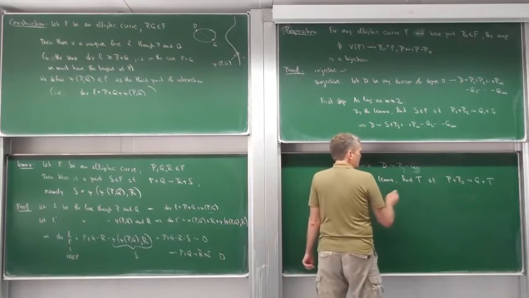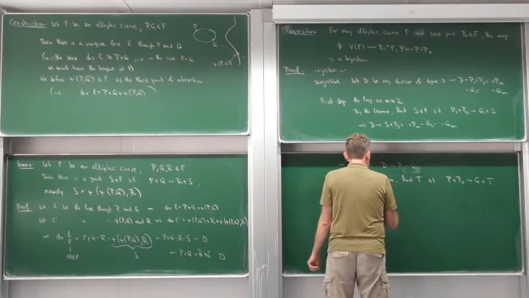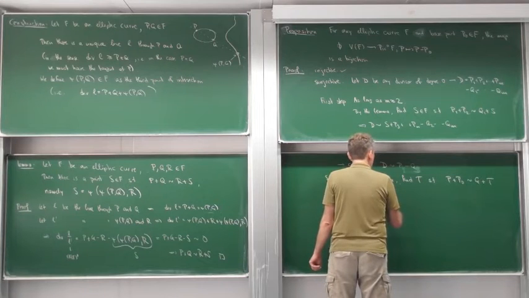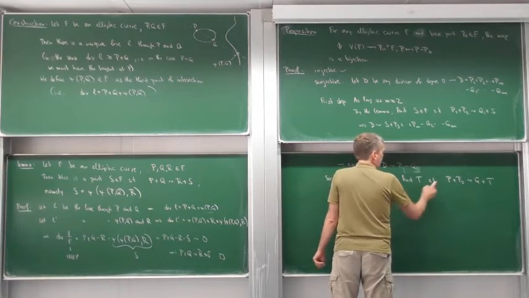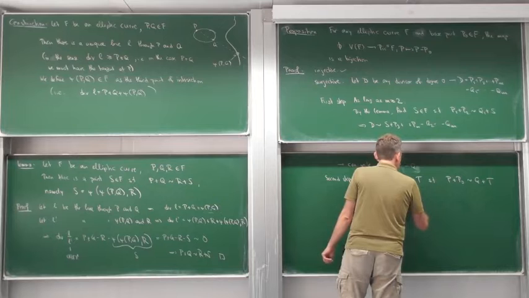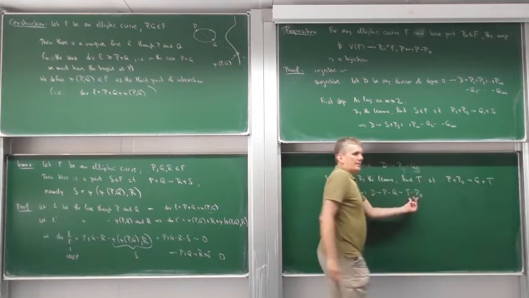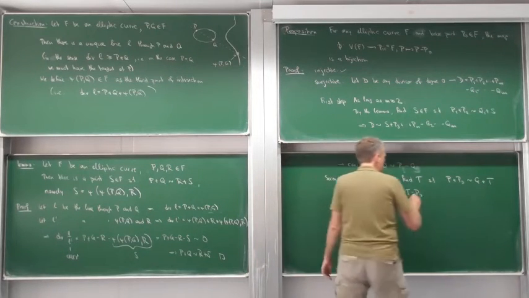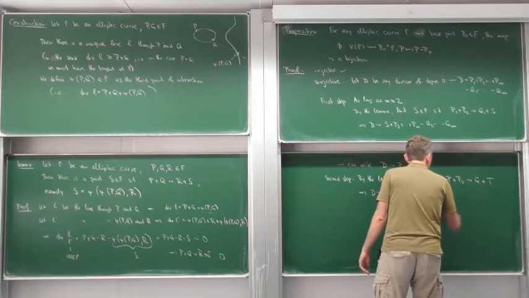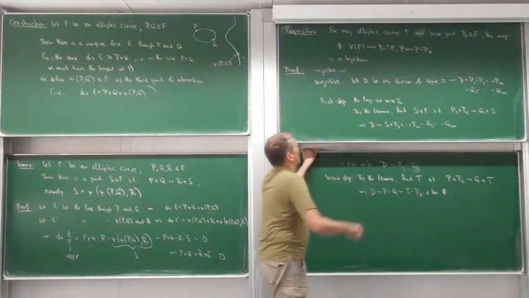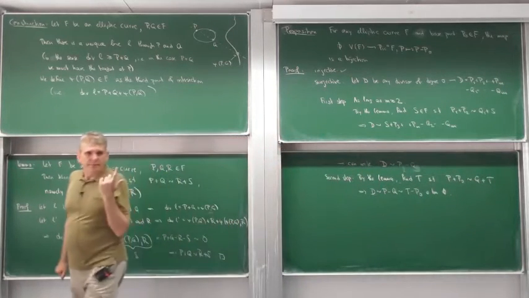And that, of course, means if we just bring P minus Q to one side, that D is linearly equivalent to P minus Q. And P minus Q is T minus P0, and that is in the image of phi. And that shows that the map is actually surjective.